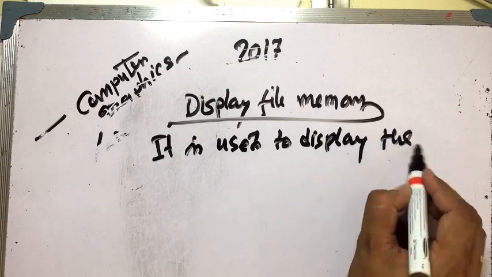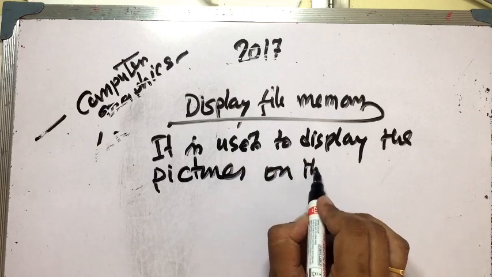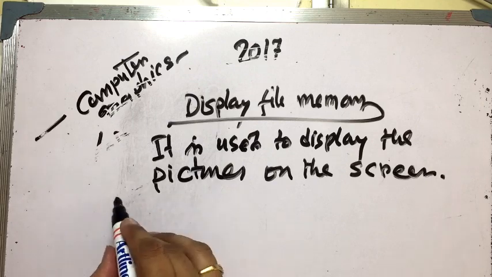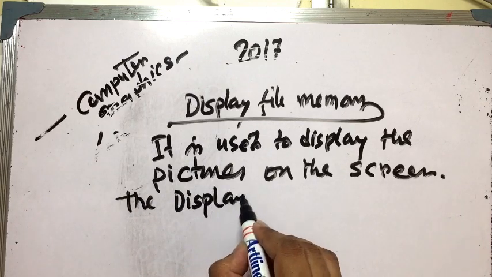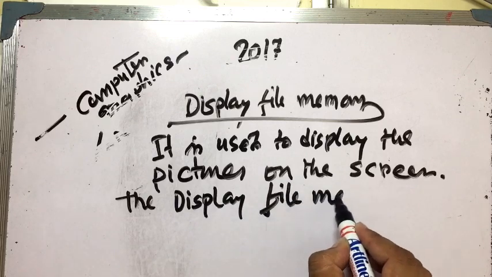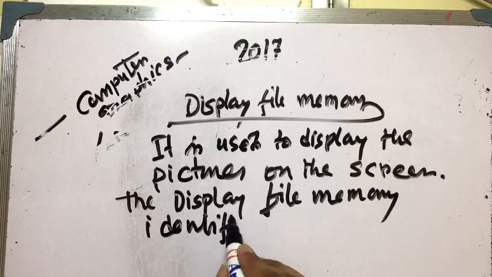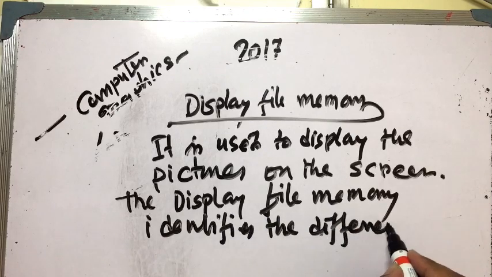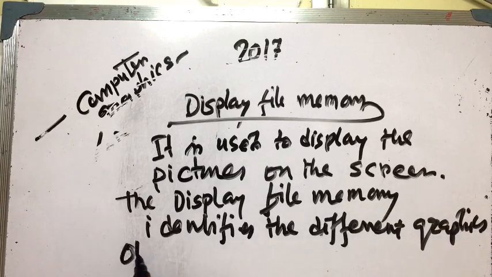Display file memory is used to display the pictures on the screen. The display file memory identifies the different graphics objects or entities.